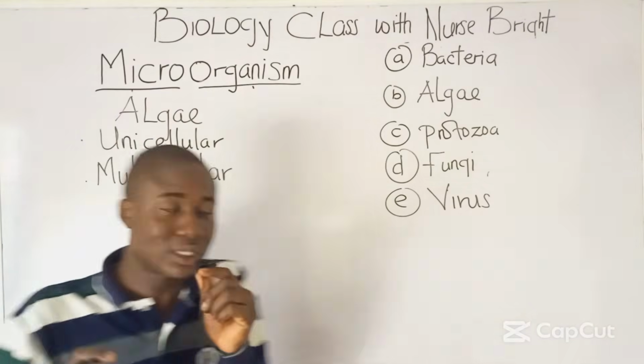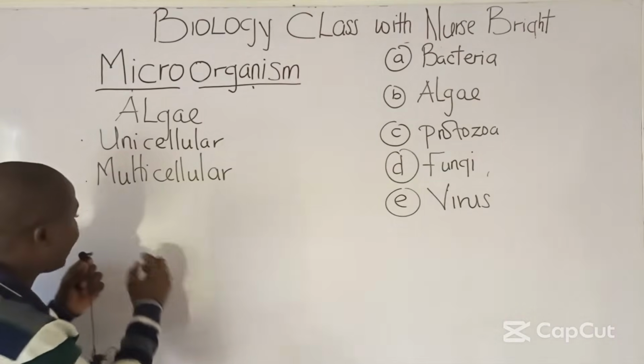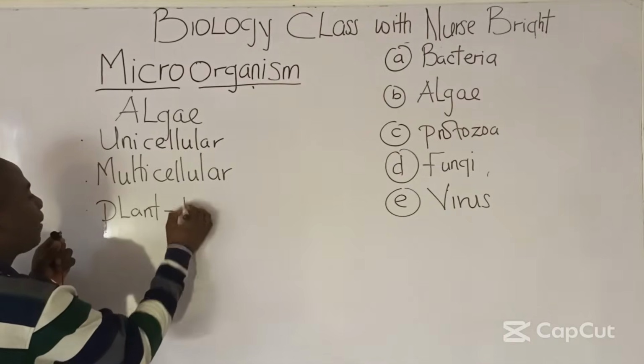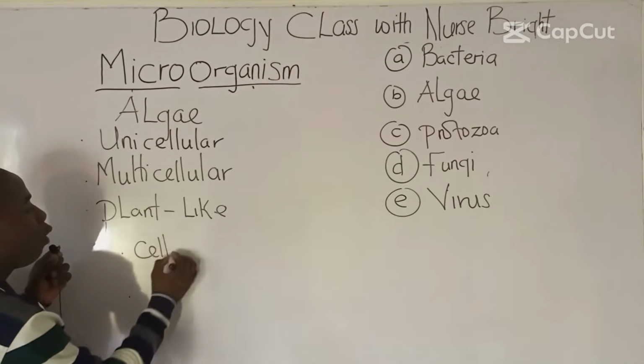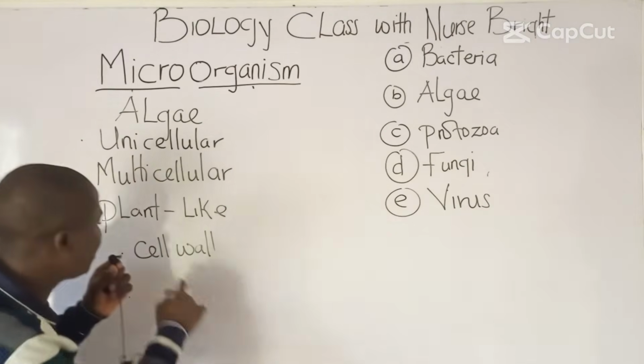So on this note, I said earlier that algae are plant-like. Okay, they are mainly plants, so they are plant-like. Since algae are plant-like, it means they have a cell wall.